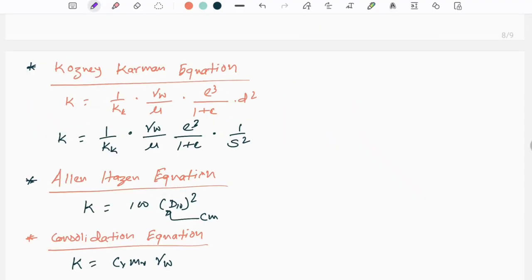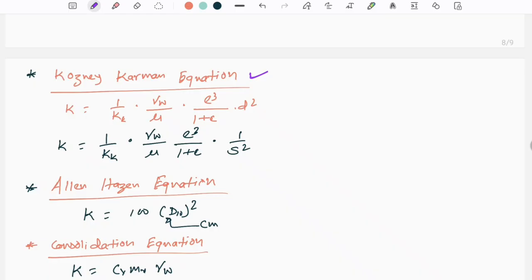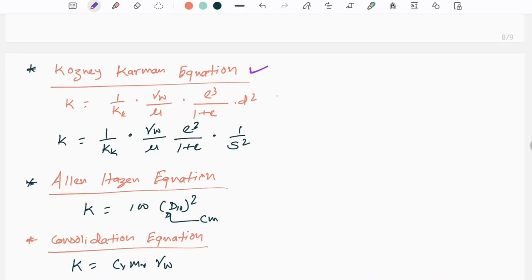There are so many empirical formulas to find the coefficient of permeability. One is called the Kozeny-Kármán equation, in which this relationship may be asked directly in the exam. K is equal to 1 by Kk into gamma W by mu into E cube divided by 1 plus E into D square.